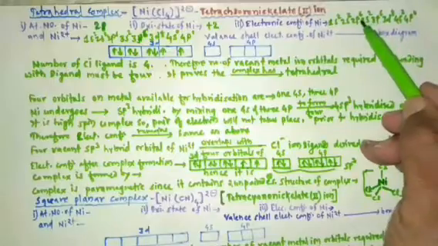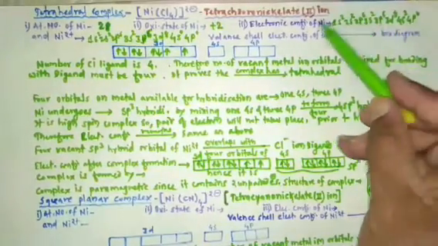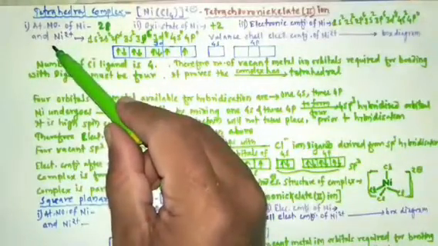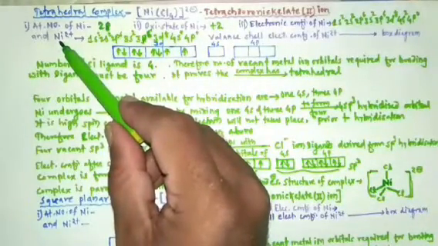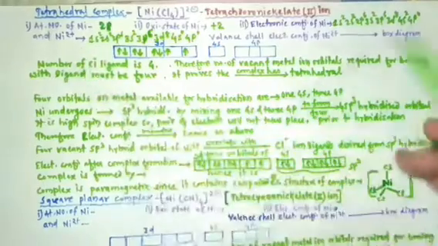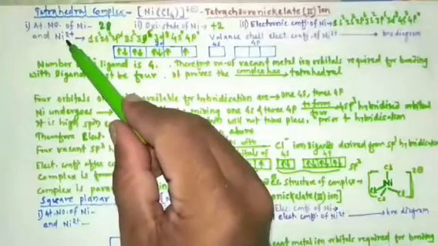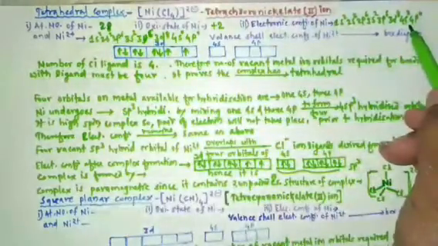We can assign this electronic configuration by using the Aufbau principle or Hund's rule. Then the electronic configuration for Ni2+: nickel is converted into Ni2+ by losing 2 electrons from the 4s orbital.